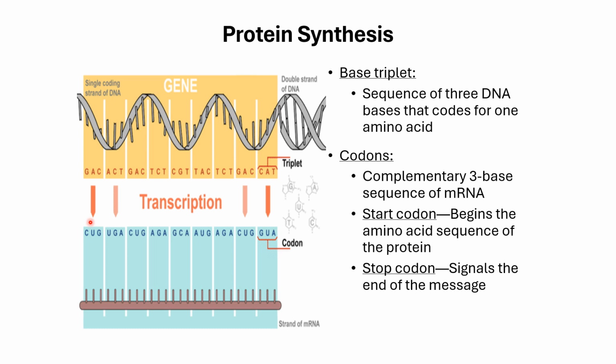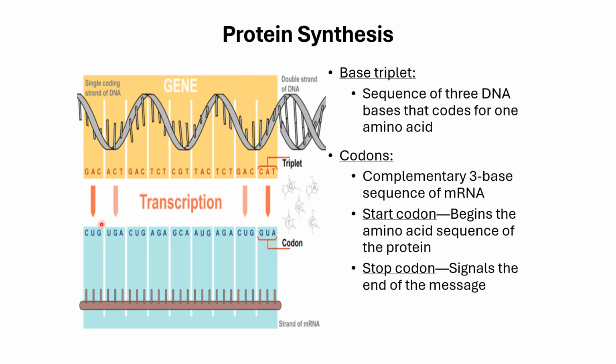Here you can see in the blue, that is the messenger RNA which is formed, and it contains 3 nitrogenous bases. The guanine is on the DNA, and here it's a cytosine.